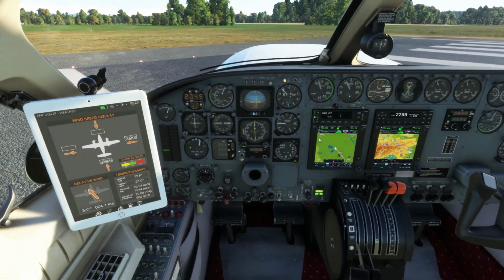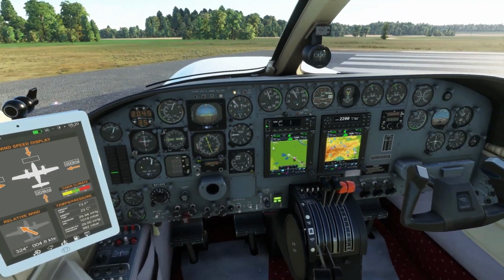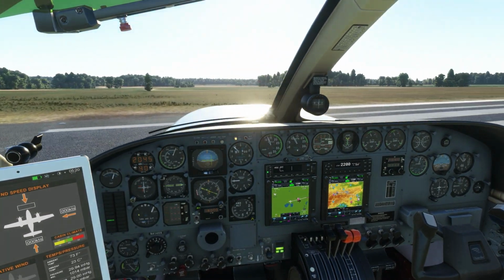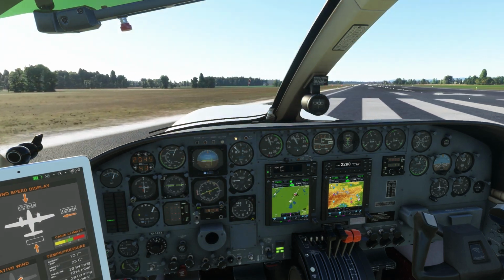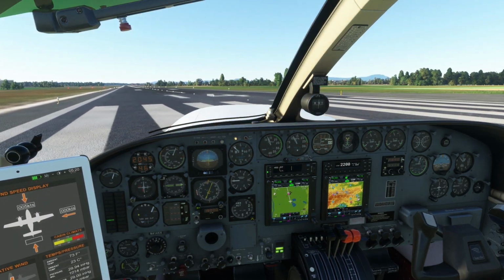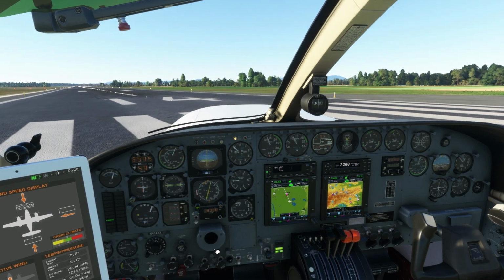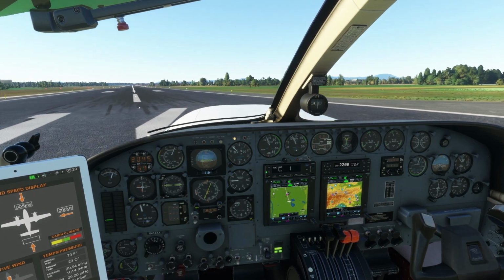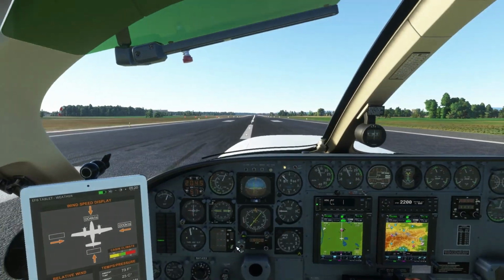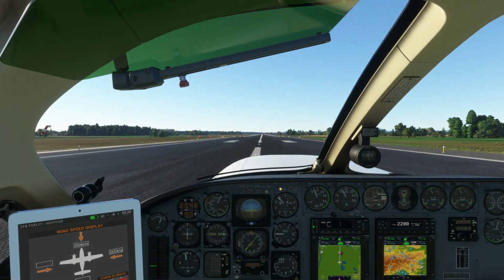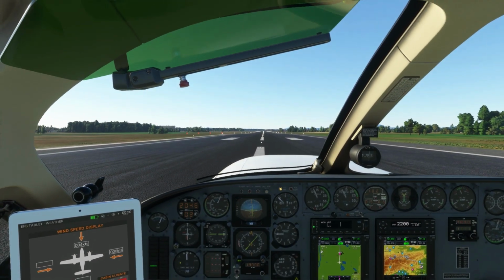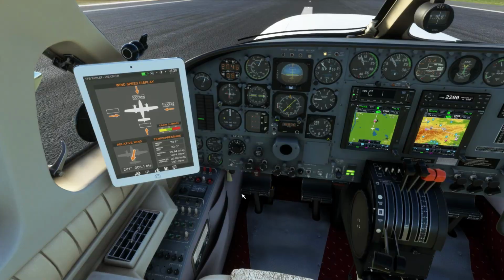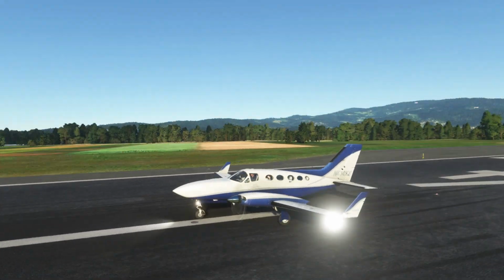Okay, let's say we have been given the takeoff clearance, so landing lights on. Oh my god, I screwed up that turn. Okay, everything is closed.